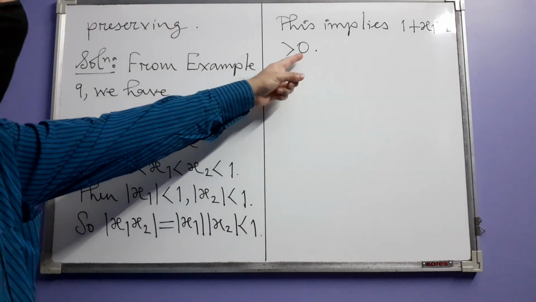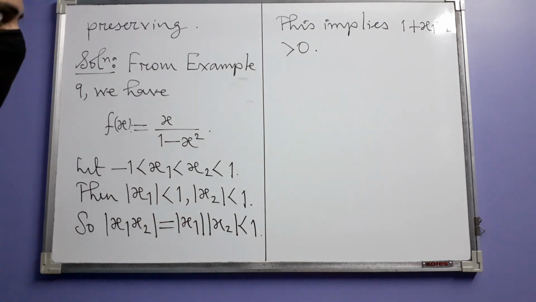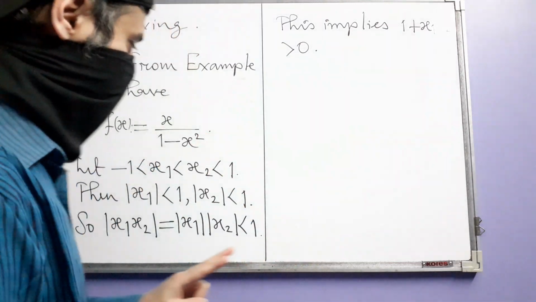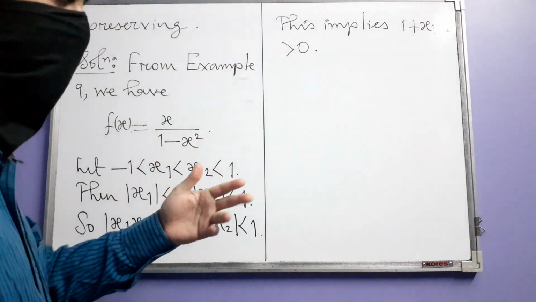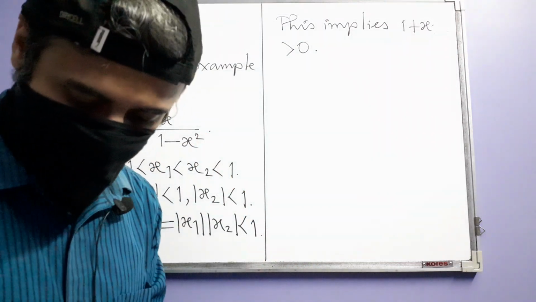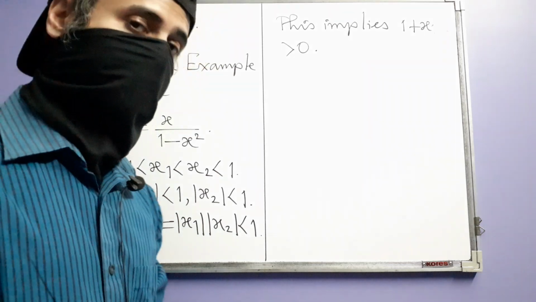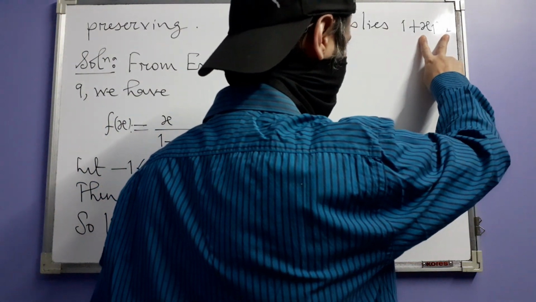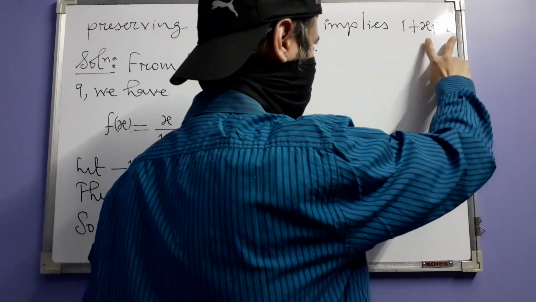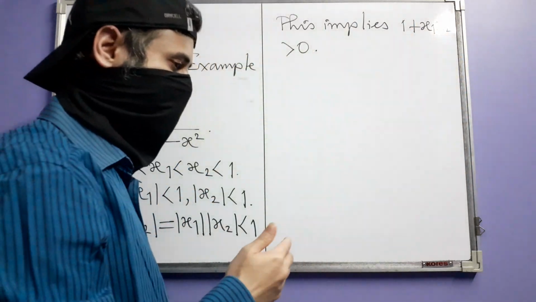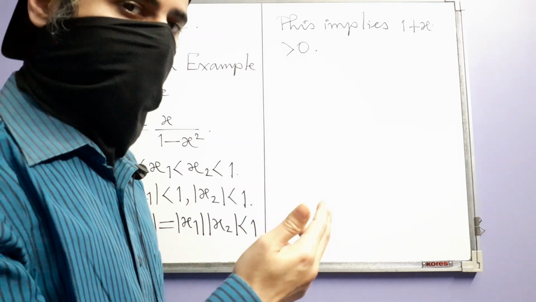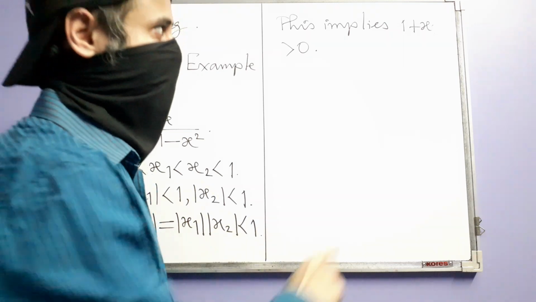And how does this follow from this fact? Well, you see, there are two possibilities, right? Well, there actually is another one also. There are three possibilities. x1 x2 as a real number, not plus 1, okay, just x1 x2 as a real number is either positive or negative or 0.